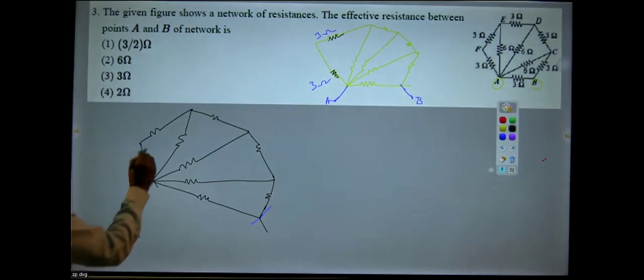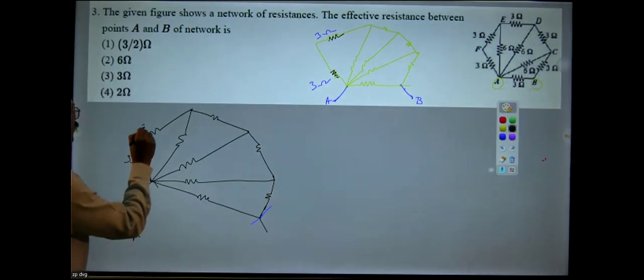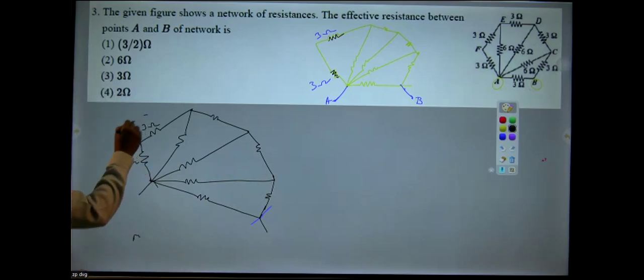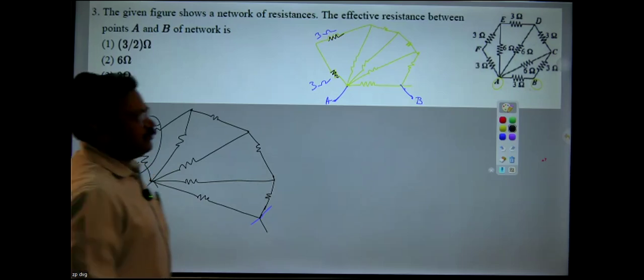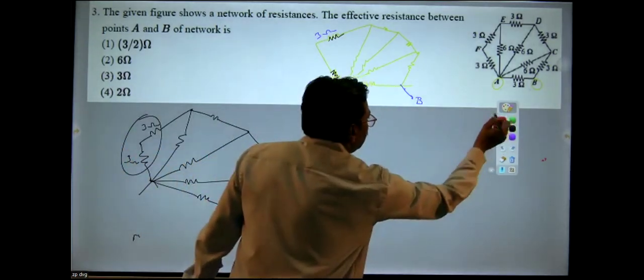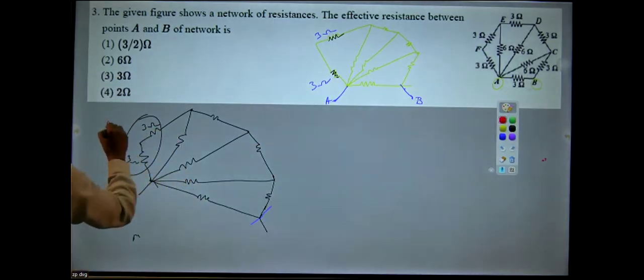Okay, so this is the diagram. You see, 3 ohm is there, each resistance is 3 ohm. So for these two 3 ohm resistances in series, their equivalent resistance comes out to be equal to 6 ohm.